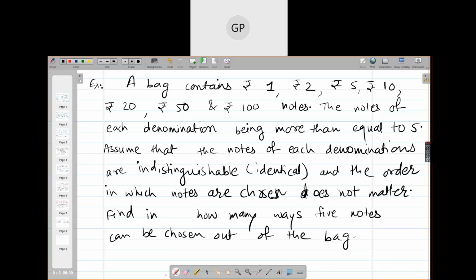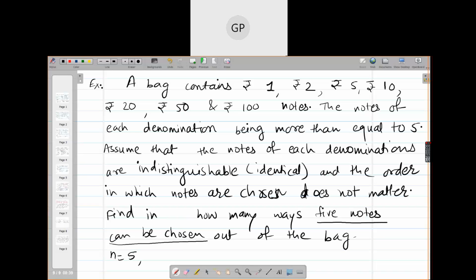So here you need to identify what is N and what is K. Can you tell me what is N? What is the sample size you want to choose? 5, exactly. It is written here that 5 notes can be chosen, so you should understand from here. So here N is equal to 5.